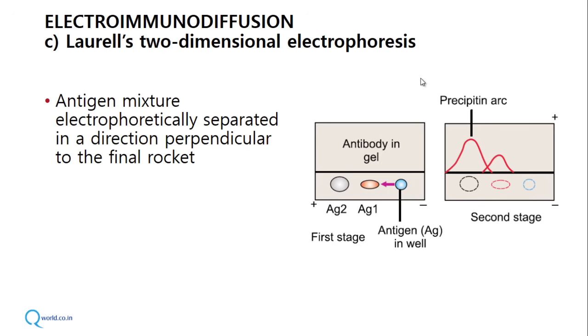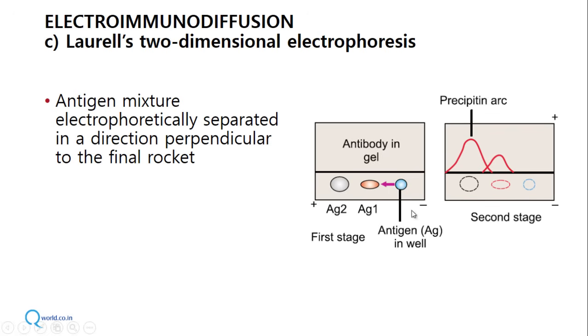The last procedure in electroimmunodiffusion is Laurell's two-dimensional electrophoresis. Here we take a slide on which we place antibody gel, and we cut a well containing the antigen. This antigenic mixture is separated in a direction perpendicular to the final electrophoretic current.